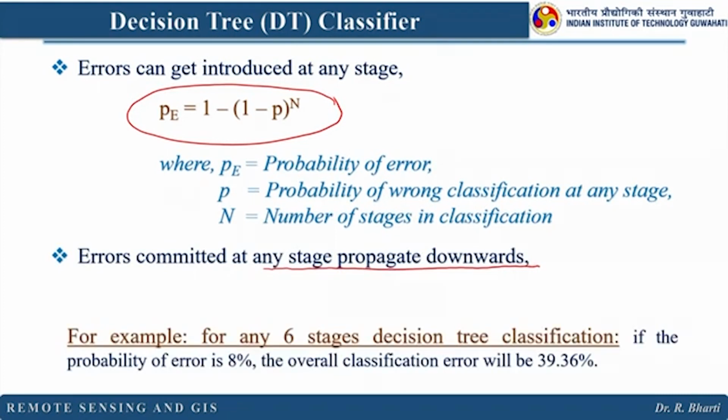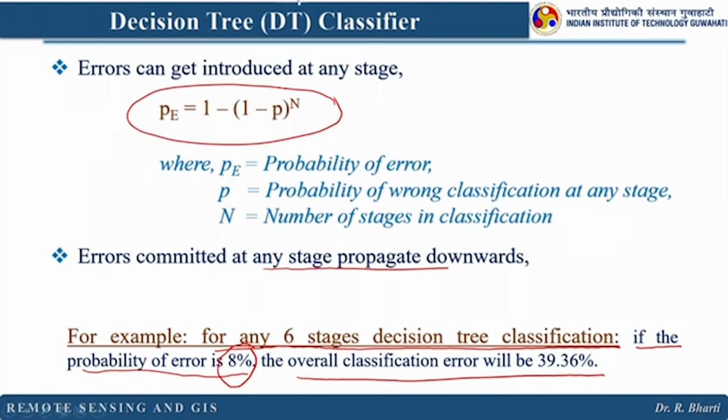So, here for example, for any 6 stage decision tree classification, if the probability of error is 8%, the overall classification error will be approximately 40%. So, you can see how serious this 8% could be, right. So, you have to be very careful while using this decision tree classifier.